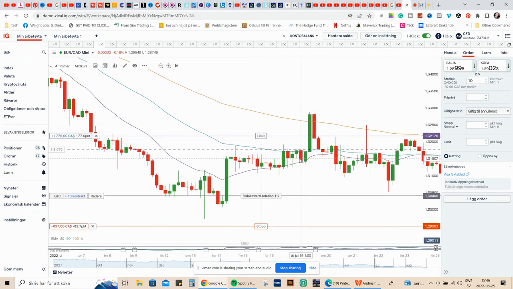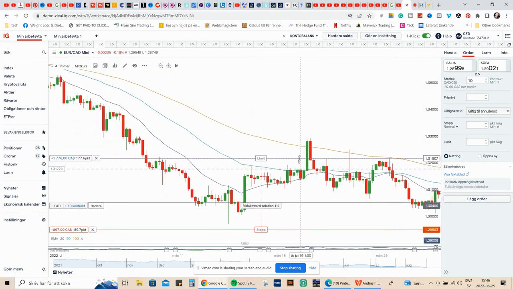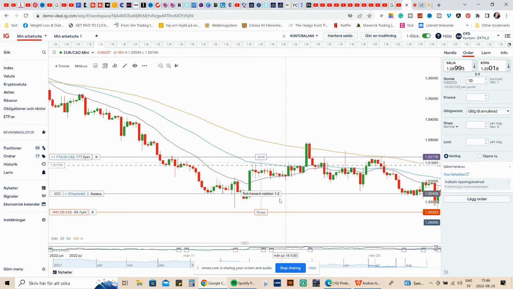But I would look for a higher risk reward ratio than this one in this case, because you can see a good bullish bar here. Sorry, not a bear. But also using these moving averages.